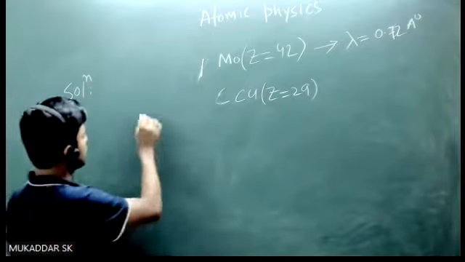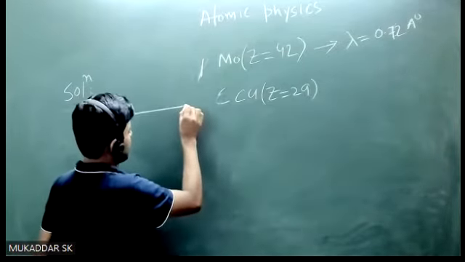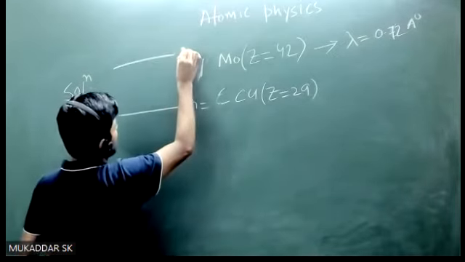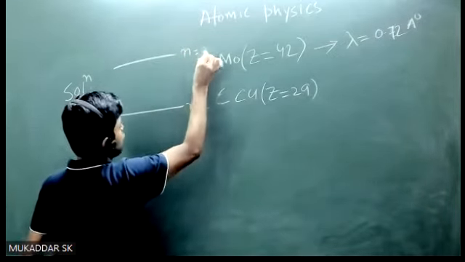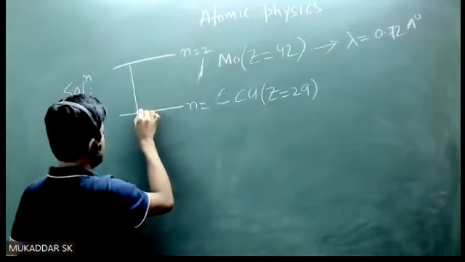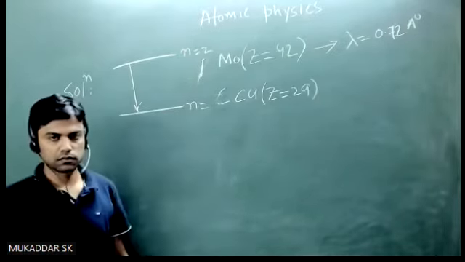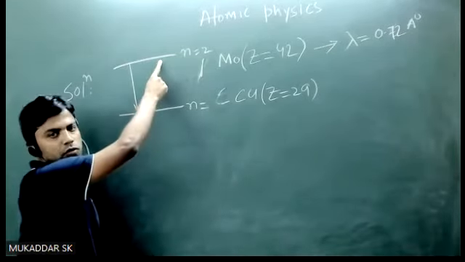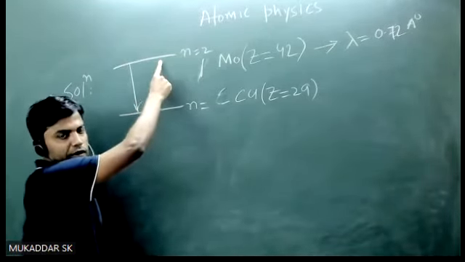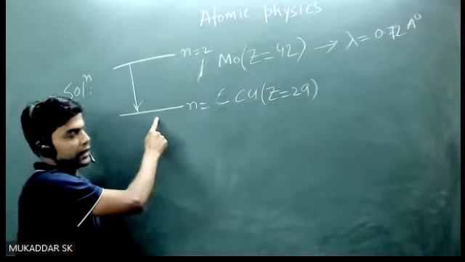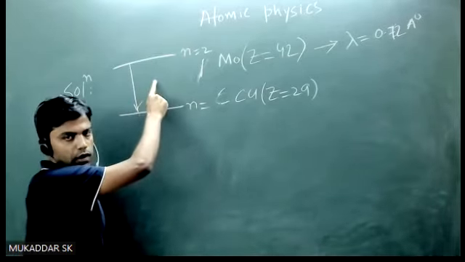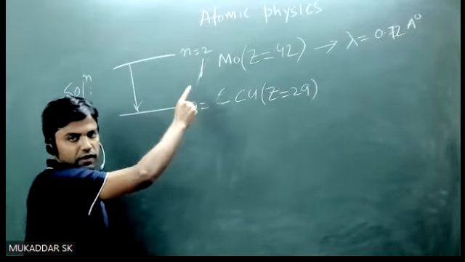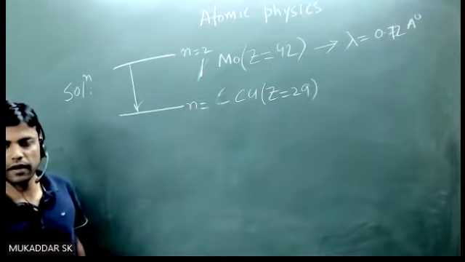K alpha means that the electron is coming from n equals 2 to n equals 1. So the electron is initially at the n equals 2 state. When it comes to the n equals 1 state, it will emit a photon, and that photon is basically an X-ray when you are using a heavy metal.